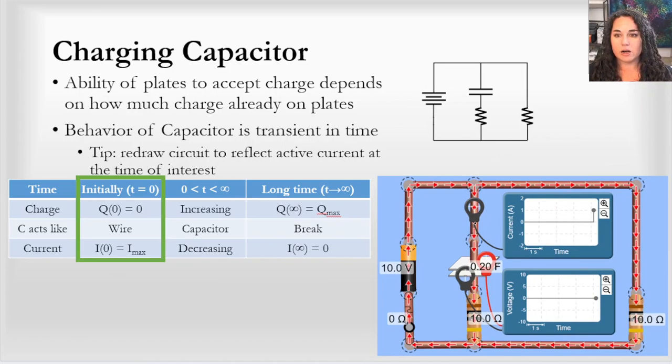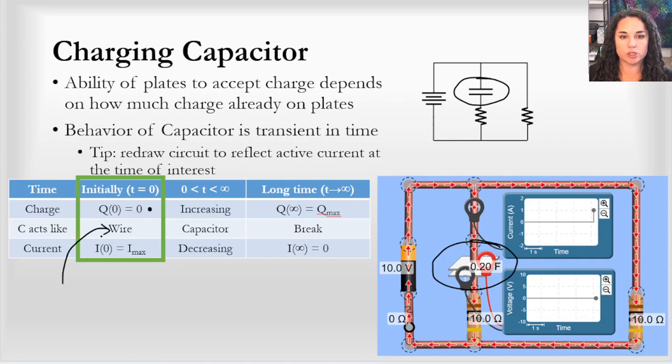There are red arrows in every branch of the circuit, all right? That capacitor in here is easily accepting charge. The charge it has initially is 0. It's an empty capacitor. Because it's accepting charge really easily onto its plate, it's going to act like a wire. Notice that I have an 'acts like' here. So it easily accepts charge.